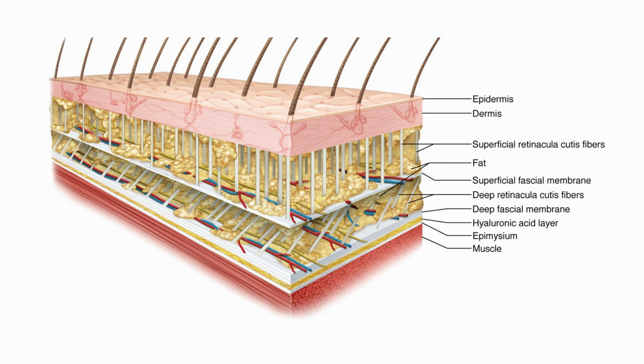And here is the skin and the sub-skin area, and it shows that, for example, we have two layers of fascia. One is the superficial, and the other one is the deep.